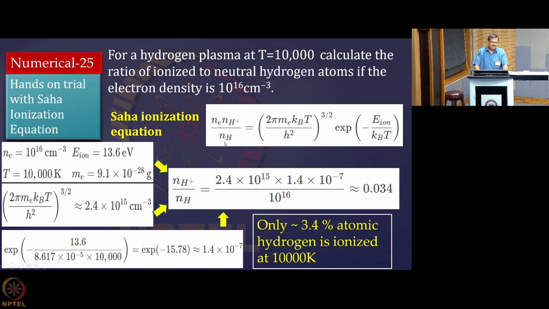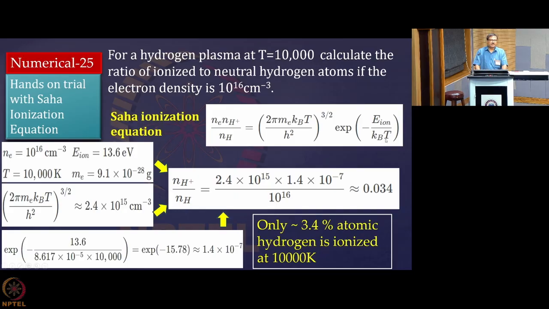So the Saha ionization equation already gives that. N_H+ divided by N_H, H is the non-ionized one, is equal to, what is that? 2πm kT by h squared, T is given as 10,000 Kelvin, and the rest of the things you already know, all the parameters are some constant or other. Then exponential of E ionization. The ionization energy of hydrogen, everybody knows, is 13.6 electron volt.